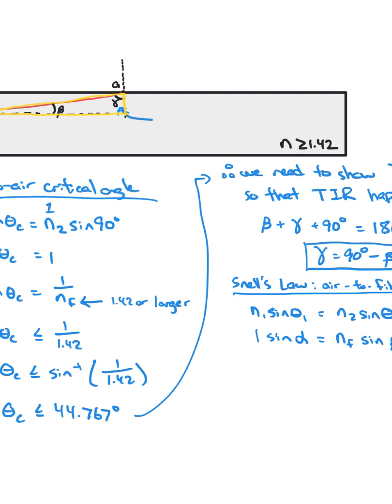However, this is greater than or equal to 1.42 times sine of beta, because we are told that the index of refraction is at least 1.42. Dividing both sides by 1.42, we get sine of alpha over 1.42 is bigger than or equal to sine of beta.